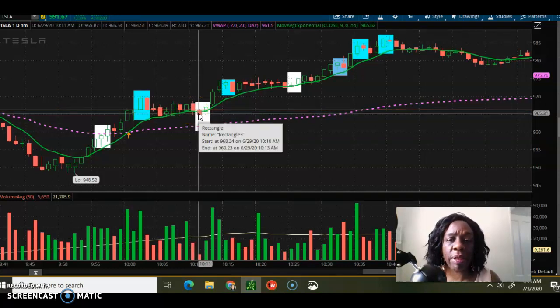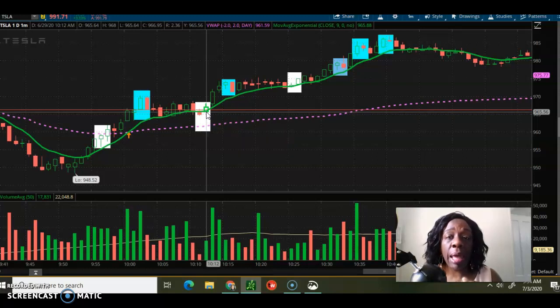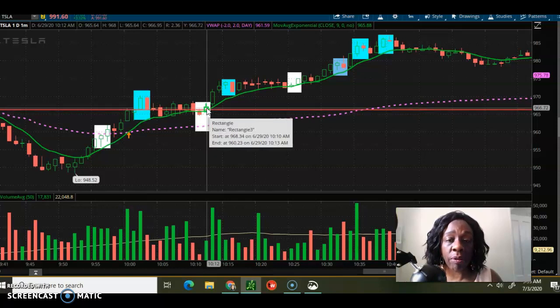Within this white box, I re-entered the trade. I'd seen this red candle, and then the very next minute, price action had broken out above the high of the previous candle, and it had closed there.